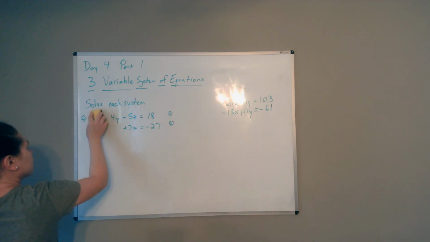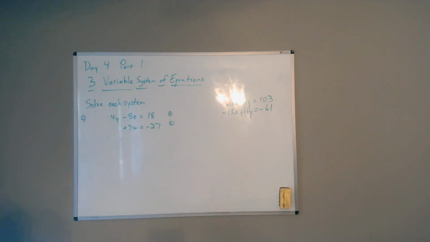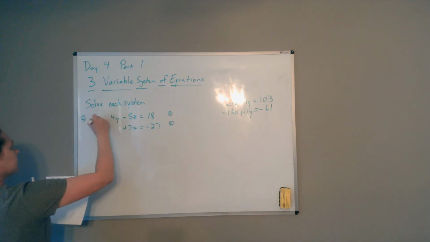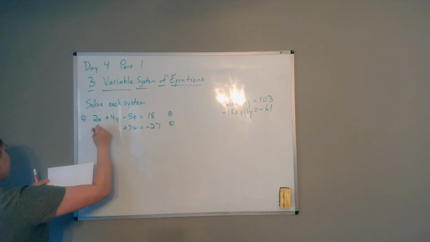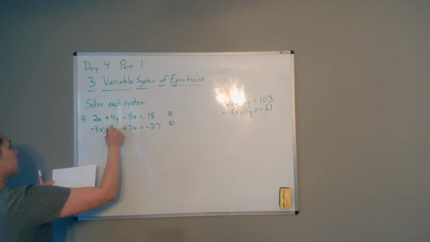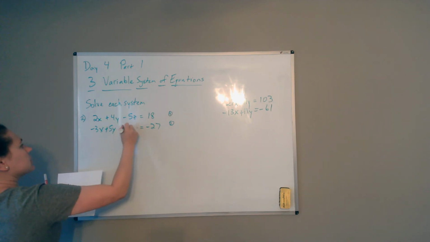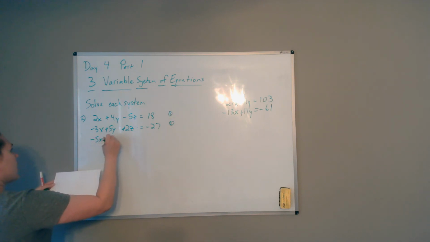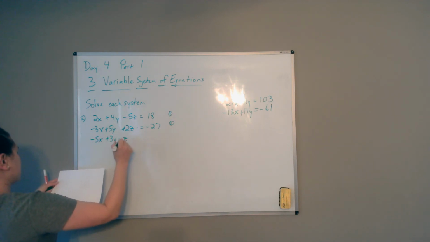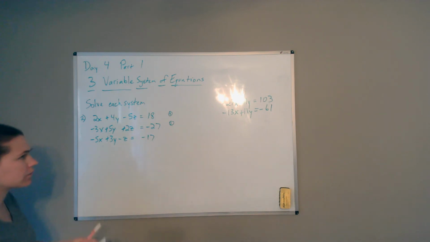So now I have to rewrite that. Plus 2z. And the third equation was negative 5x plus 3y minus z equals negative 17. Okay. So, sorry about that.